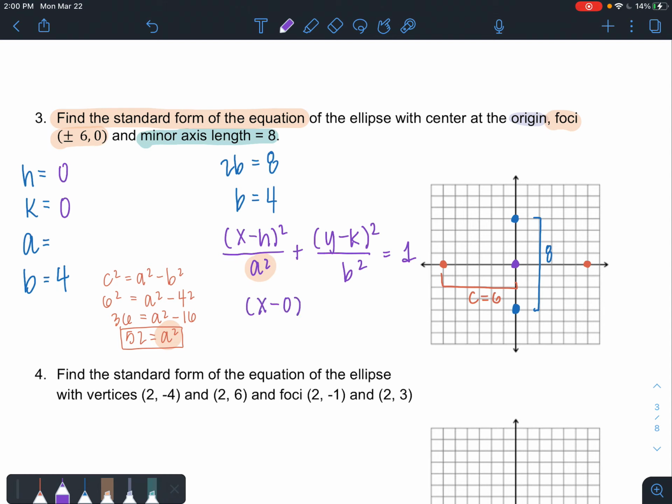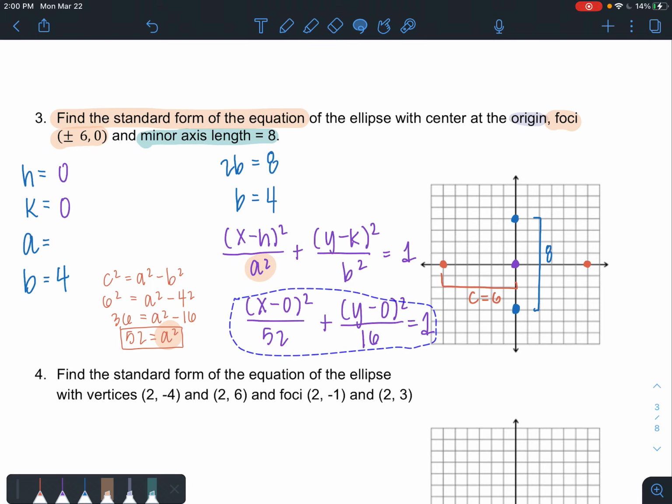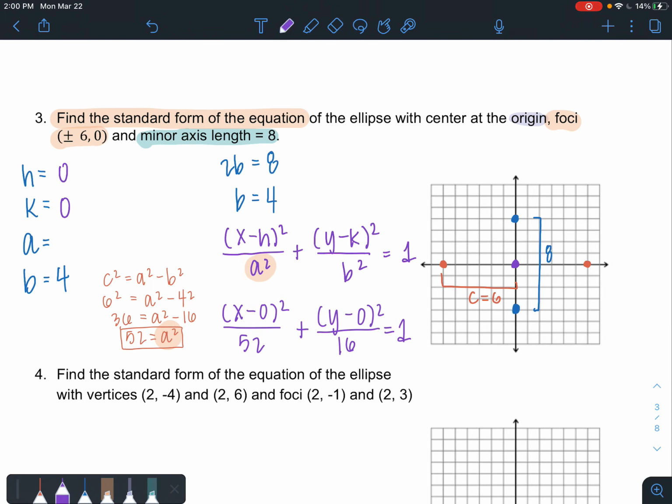So x minus 0 squared over 52 plus y minus 0 squared over b squared, which is 16, equals 1. And we'll go ahead and leave our answer just like so. So that is the equation, standard form of the ellipse.